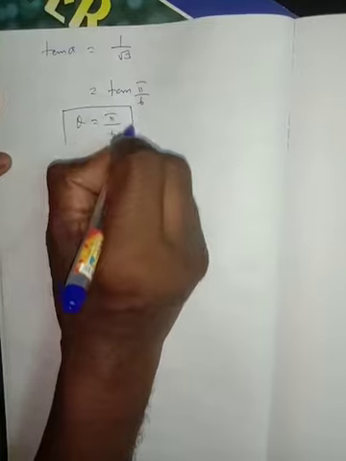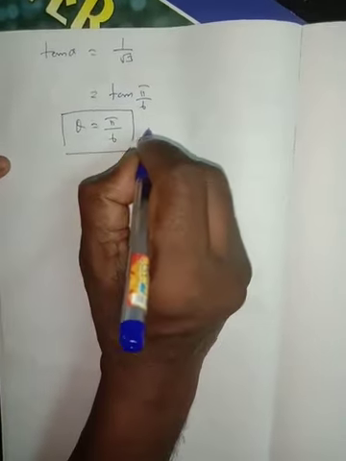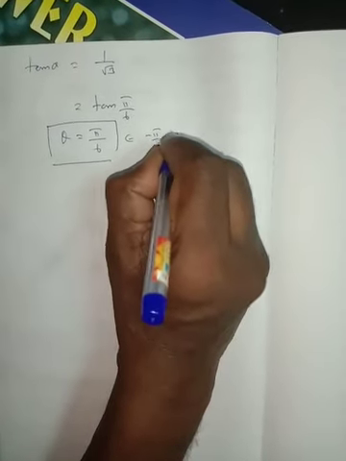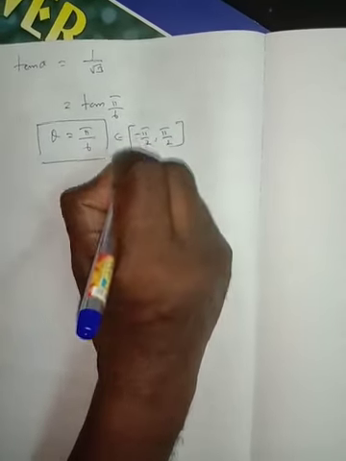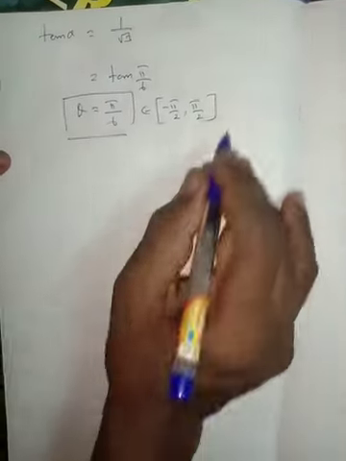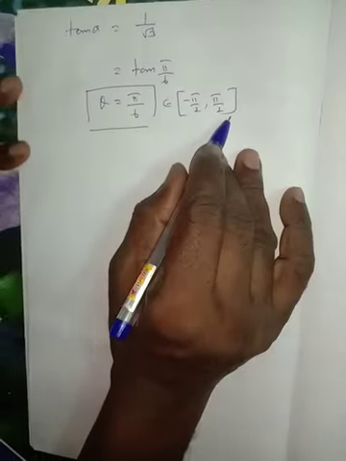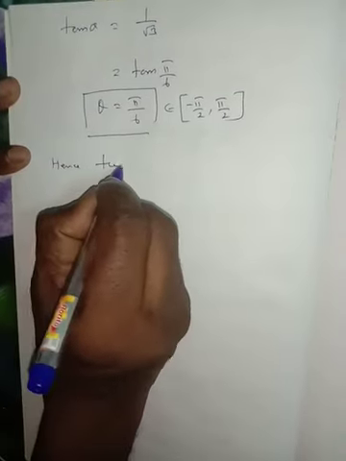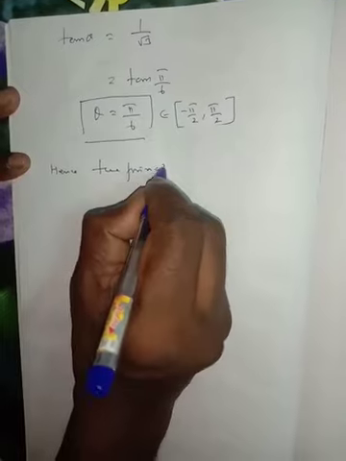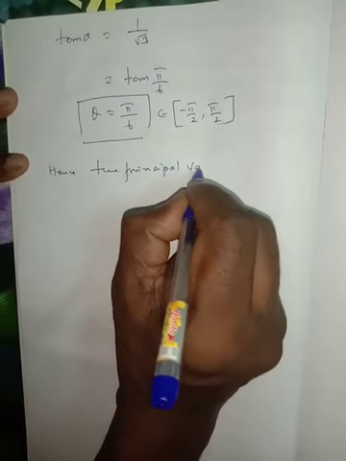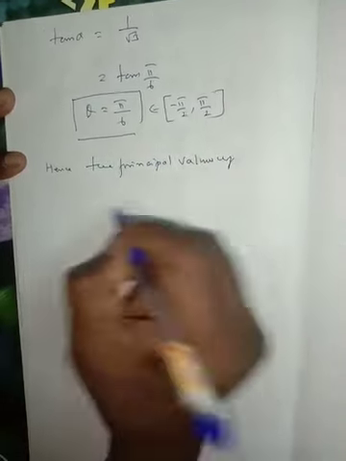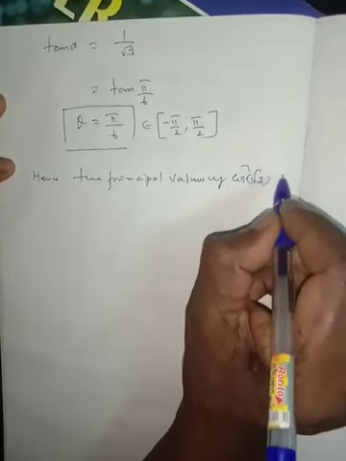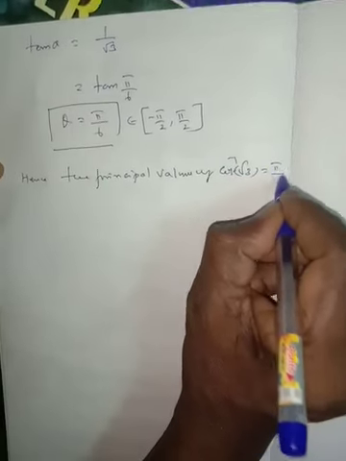This pi divided by 6 belongs to the range between minus pi by 2 and positive pi by 2. Hence, the principal value of cot inverse of root 3 is pi by 6.